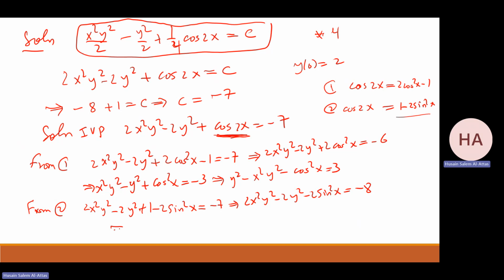Divide by minus 2. So I have y squared minus x squared y squared plus sine square x equals 4.